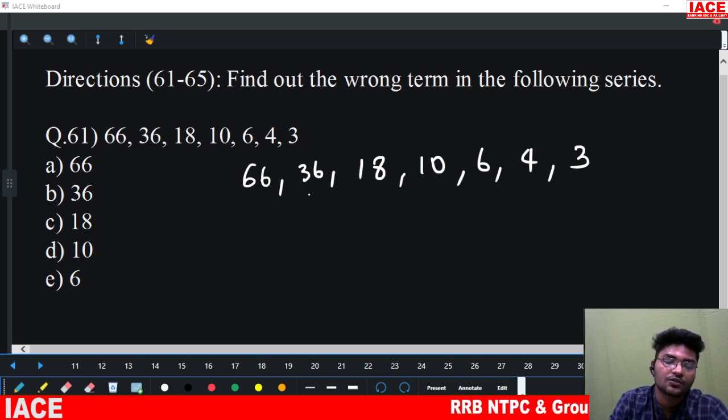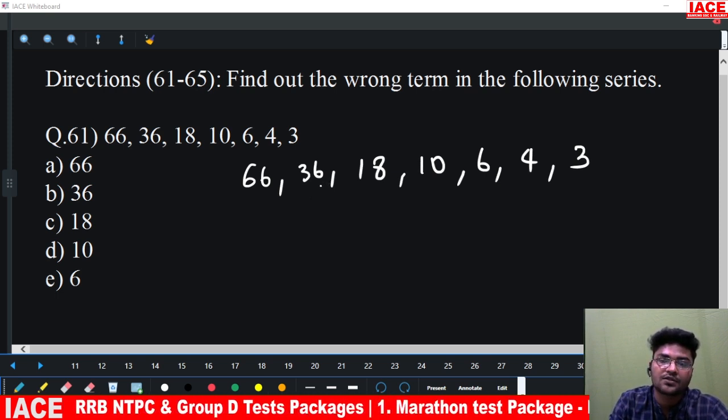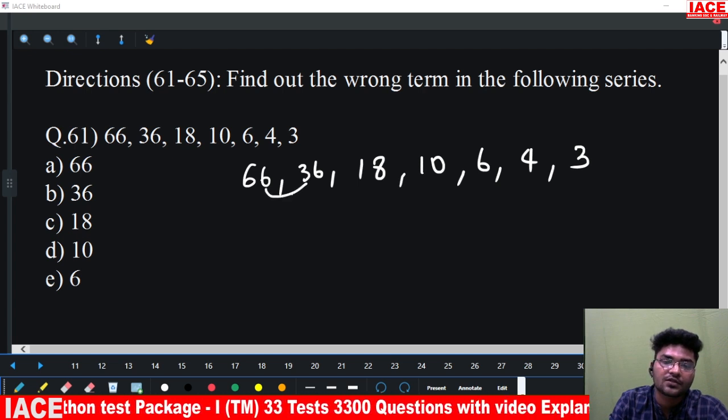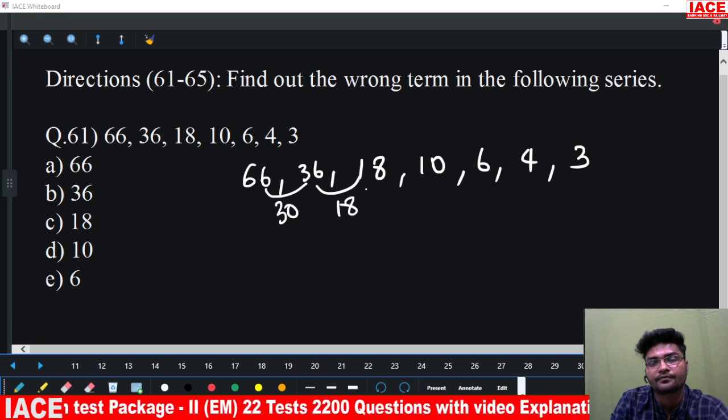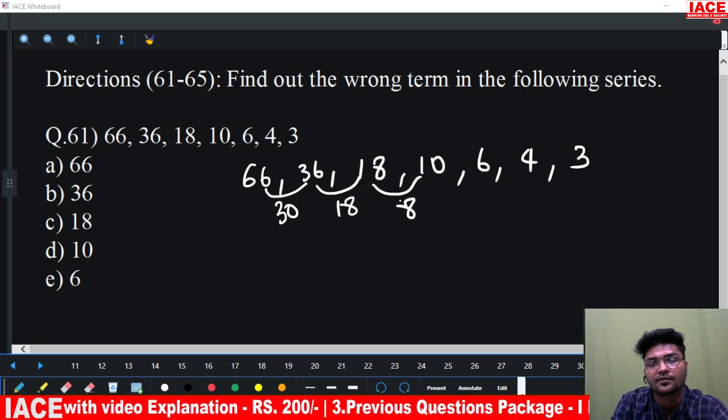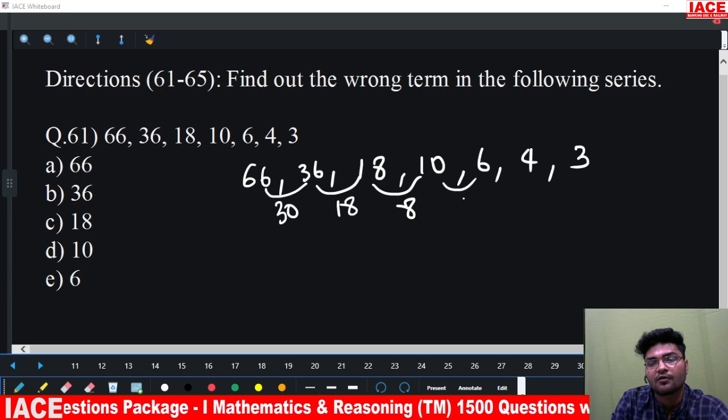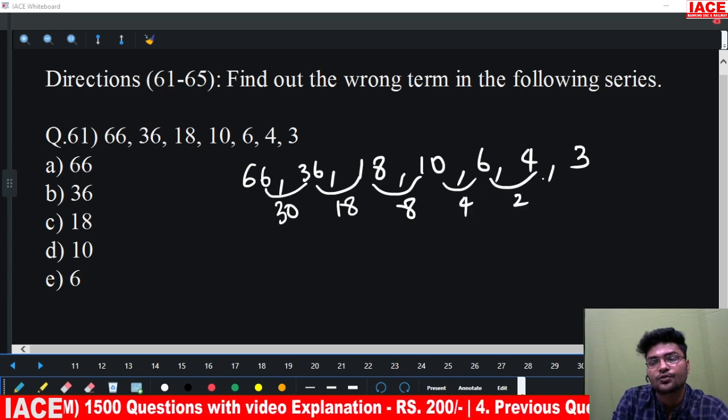So what we can do is go for difference. If I go for difference, how much is this difference? This is 30, this is 18, and this difference is 8. Next difference is 4, next is 2, and next is 1.